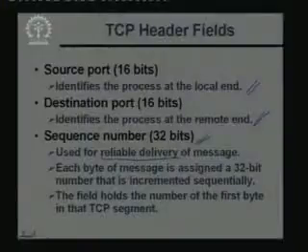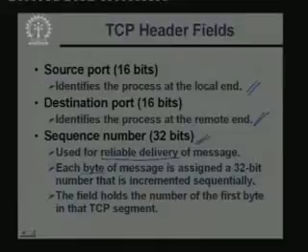TCP will assign a sequence number to each piece of the message, and that sequence number will correspond to the starting byte number in the original message from where that piece starts. Each byte of the message is assigned a 32-bit number. This is byte level addressing, that is incremented sequentially. The field holds the number of the first byte of that particular TCP segment you are trying to send.